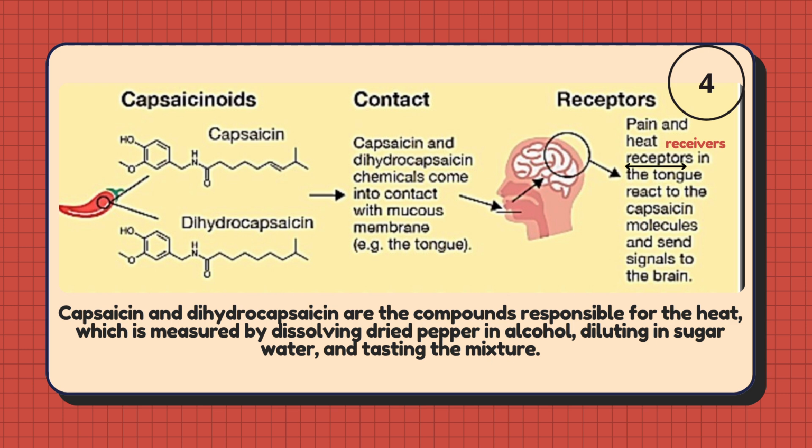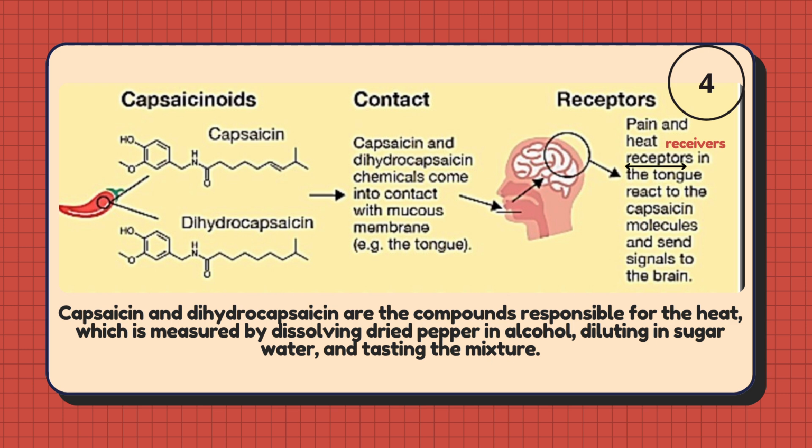Meaning to say, if the two compounds, the capsaicin and dihydrocapsaicin, are in your mouth, because your mouth has this mucous membrane, then it will react. The pain and heat receivers from the tongue will react to the capsaicin and dihydrocapsaicin, and send signals to the brain.